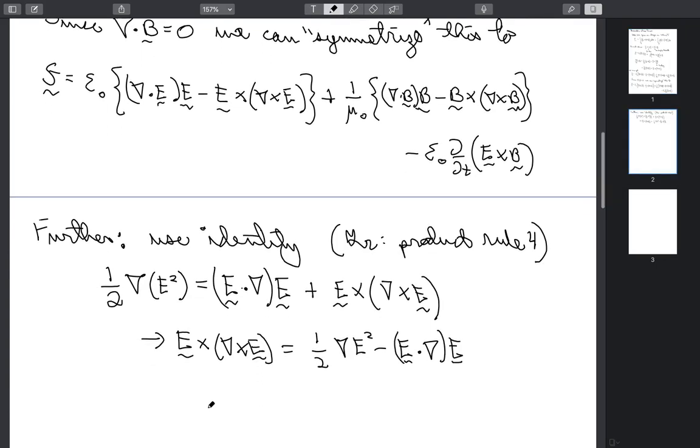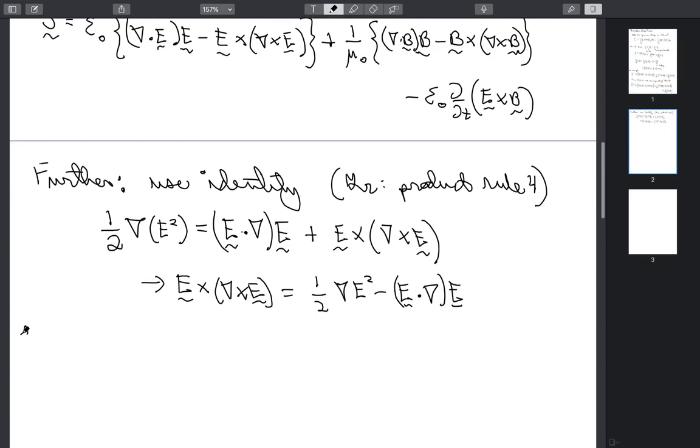So finally, what we can get is that the force per unit volume is going to be epsilon 0. Now I'm just going to use this identity to rewrite this one here, but I will extract this term out and keep only this one. You'll see it's going to look quite symmetrical.